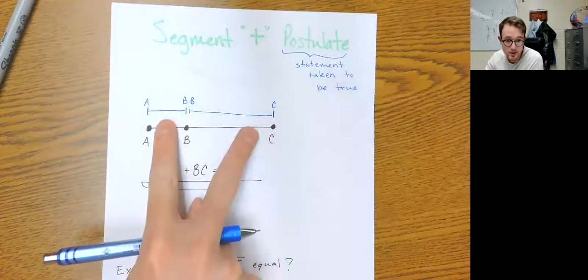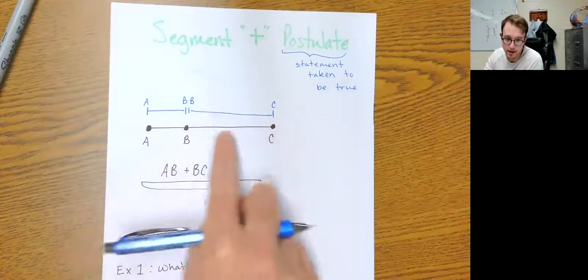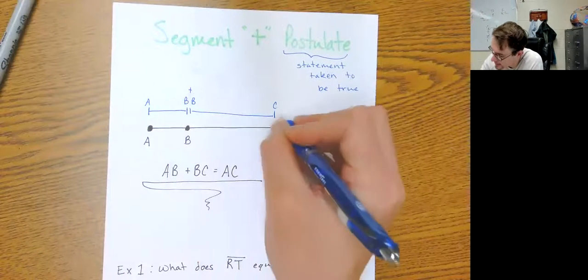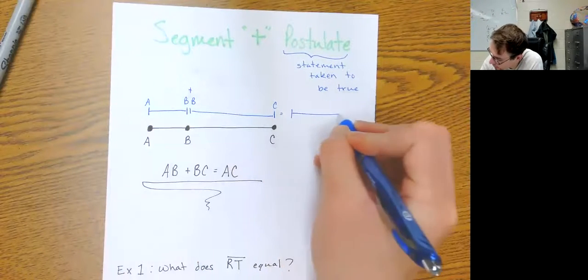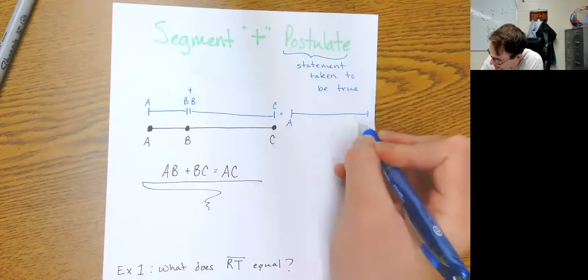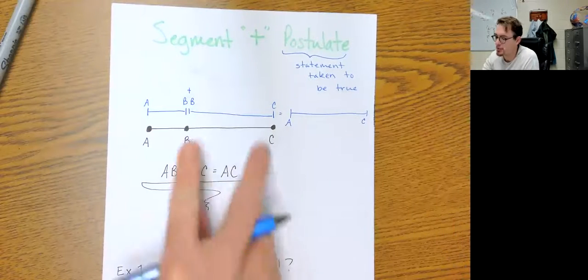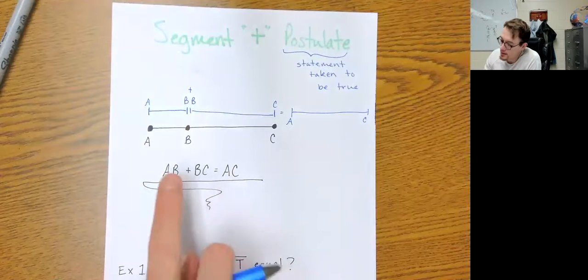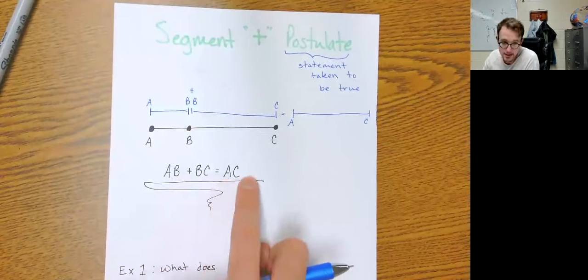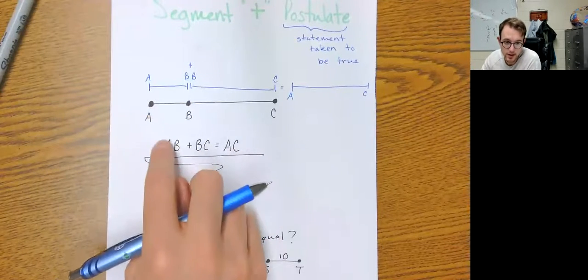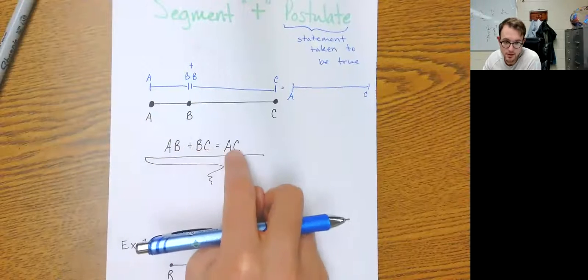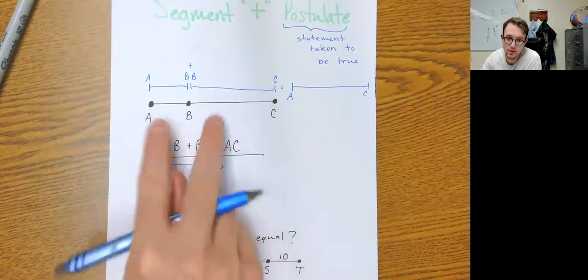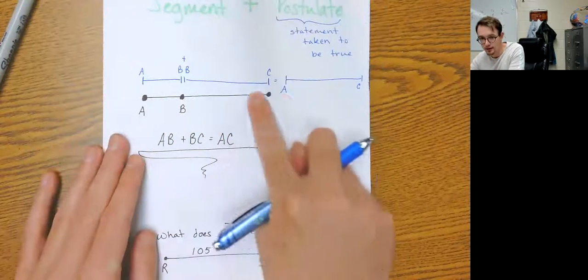And if I add those together, if I combine them like they are here, then I get the whole thing, which is AC. All right. So AB plus BC equals AC. Little segment plus little segment equals big segment. This little chunk plus the little chunk equals the entire thing.